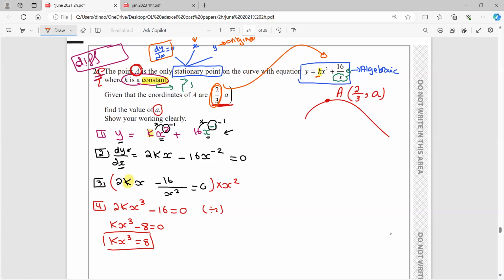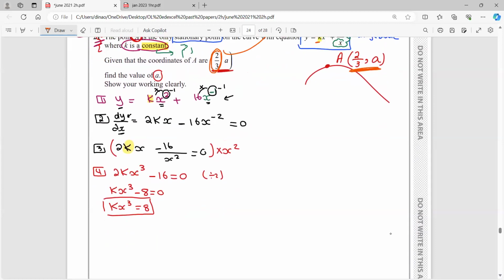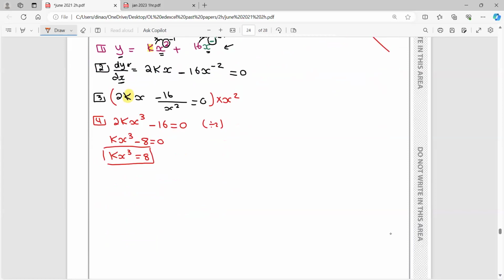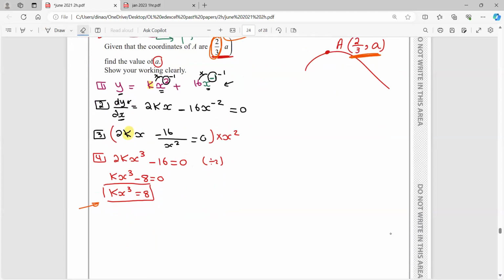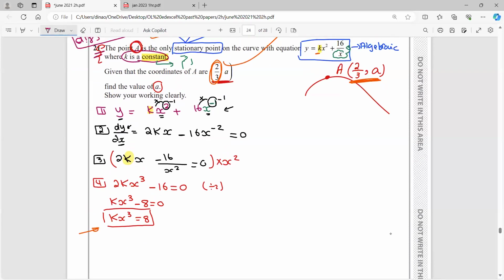The examiner said that this point has an x of 2 over 3. So if I take the x coordinate and substitute over here, I will be able to find the value of k. And then I will substitute both the k and the x in this equation. What was the purpose of my differentiation?